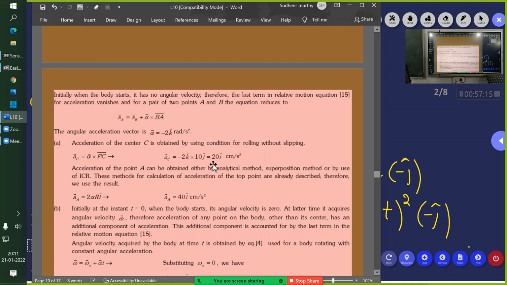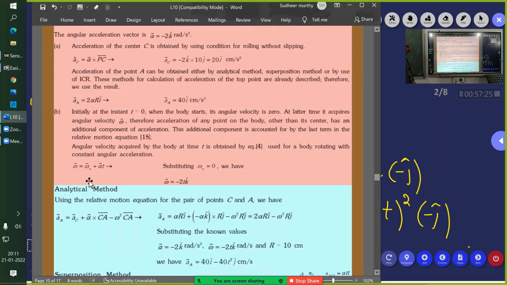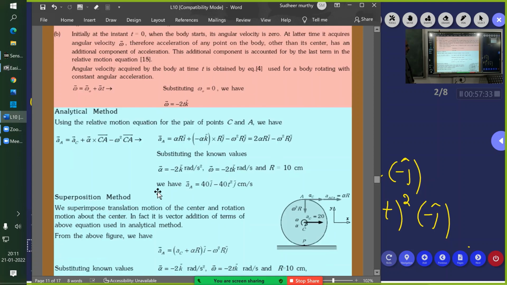If you plug the values, we are going to get this, 20, because this is 10 into 20, and acceleration of point A is 2 alpha 10, it is 40. And as far as the second equation is concerned, omega is equal to omega naught. Substituting, we get omega naught is equal to so and so. But further, we have substituted for this one, and we have got, right? So A will be alpha R i plus minus so and so.